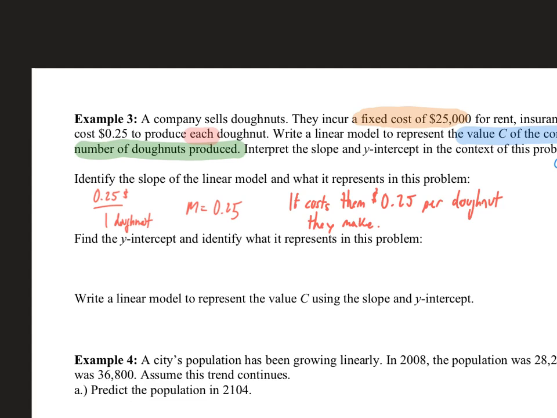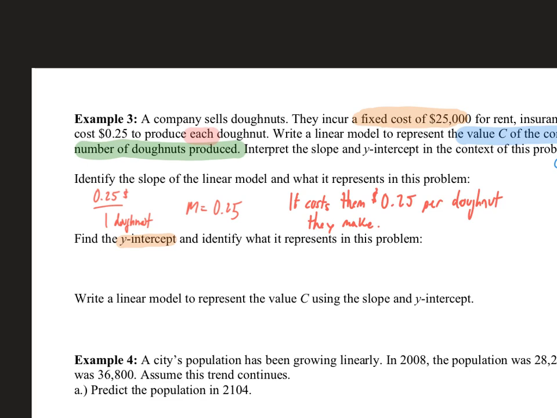Same thing with a phone plan: $100 to buy your phone, and then $25 a month to keep your phone going, right? And so the $100 would be that starting fee, that is your y-intercept, and then the repeated cost, the $25 a month, is the slope of that. So looking for things like that would be our y-intercept.